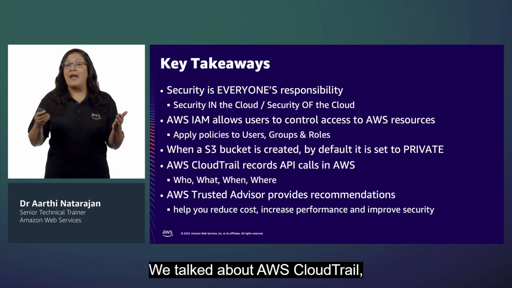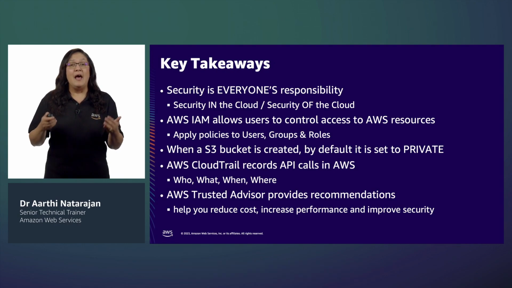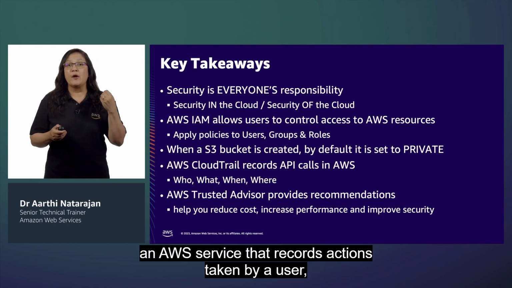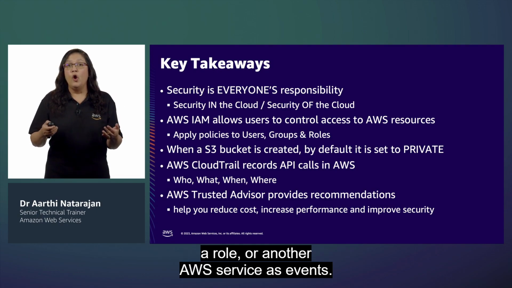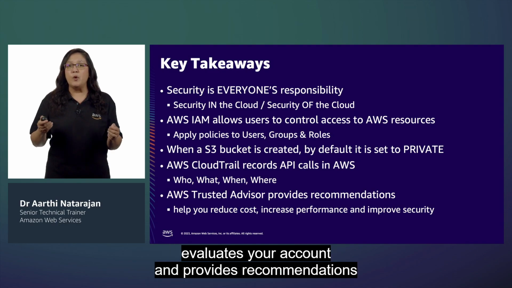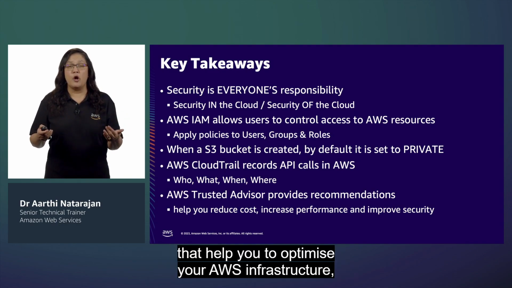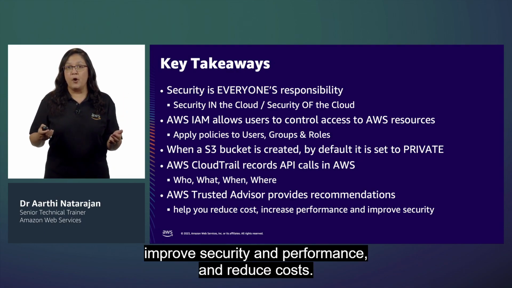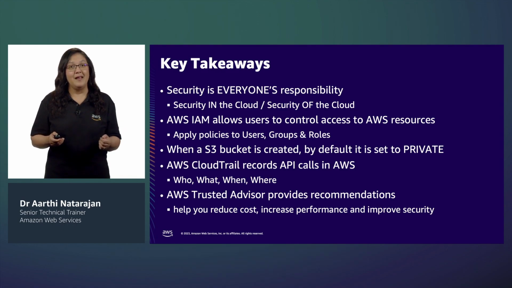We talked about AWS CloudTrail, an AWS service that records actions taken by a user, a role, or another AWS service as events. Finally, we learned that AWS Trusted Advisor evaluates your account and provides recommendations that help you to optimize your AWS infrastructure, improve security and performance, and reduce costs.